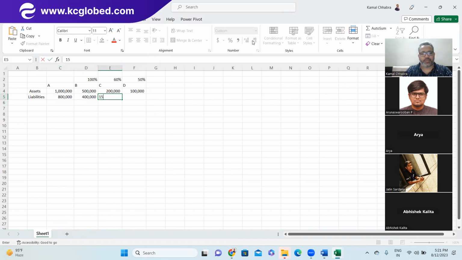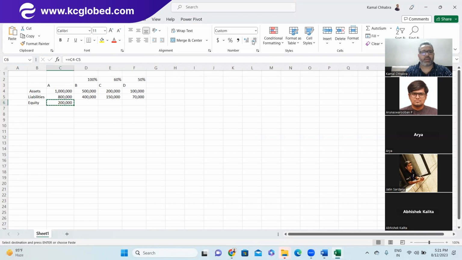They have $150,000, and they have, let's say, $70,000, right? And this is the equity. So what will be the equity? This minus this, right? Then only your balance sheet will tie. Now I'm not going into all current assets, non-current assets, just high level for your understanding purposes, right?